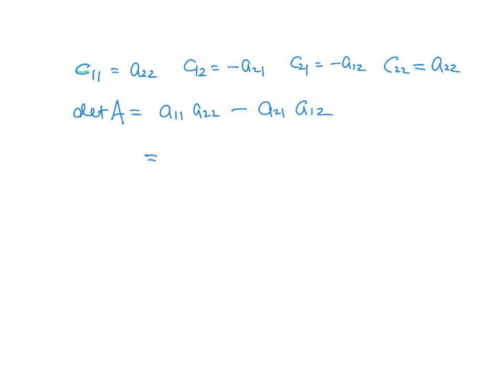So we can write it this way: A22 is C11, so A11 C11, minus A12 A21, which is A12 C12.